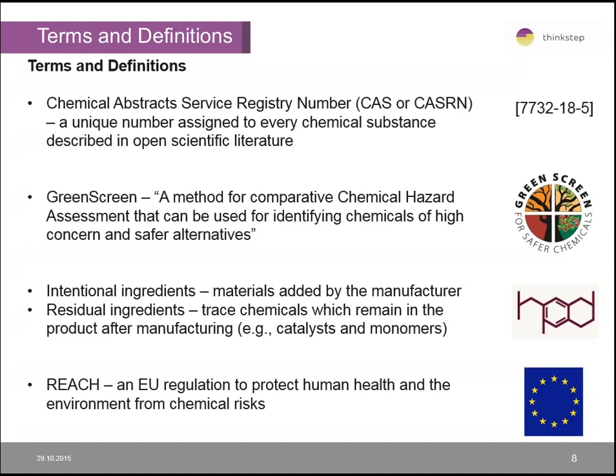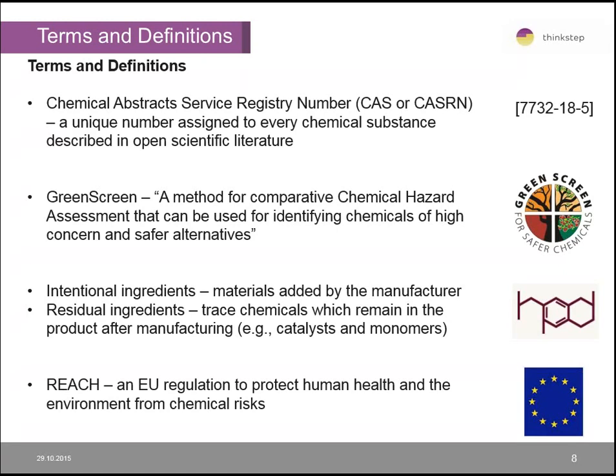The next item is the Health Product Declaration. HPD has created a couple of new terms that they use in their HPD rating system, which I'll get into in a minute. These are intentional ingredients, which are ingredients you put in the product on purpose.